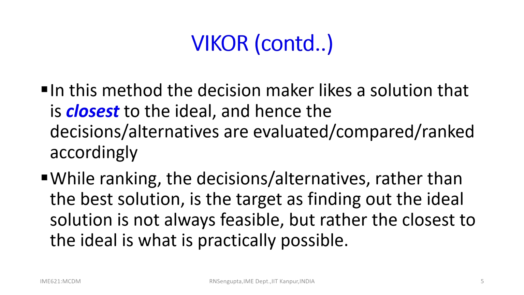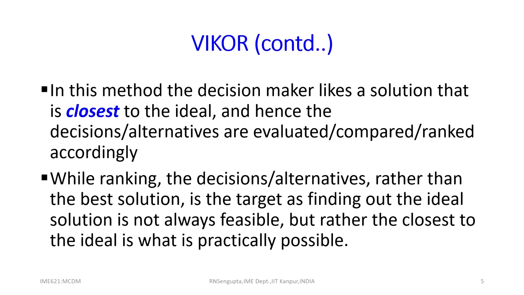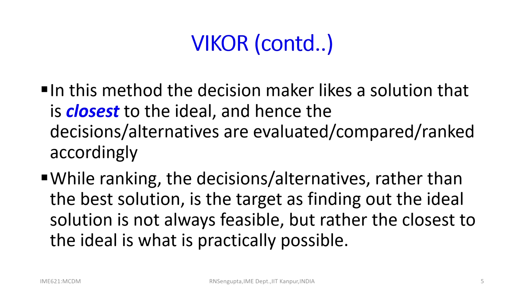While ranking the decision alternatives, which you remember are given by the set A, rather than the best solution, our target is to find the ideal, what you want to achieve theoretically, which may not always be feasible in the practical sense. We want to find out how close this is to the ideal and rank them accordingly.